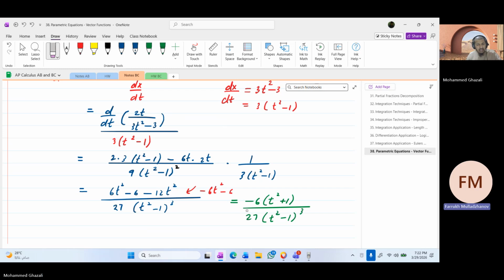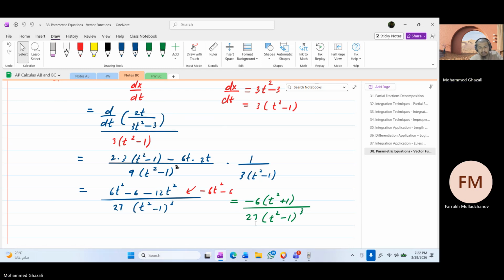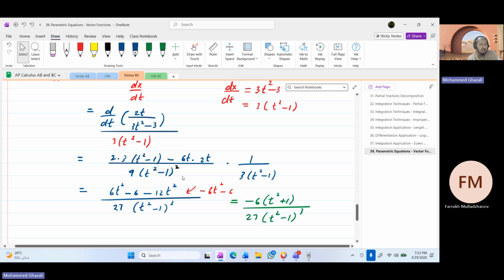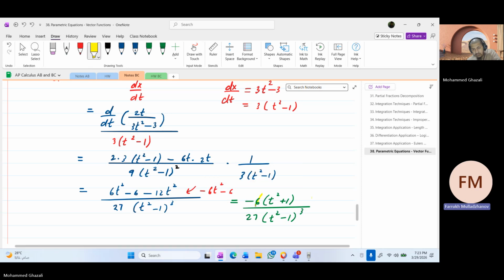Yeah, makes sense, sir. And then the minus 6 and the 27, you can simplify that. 3 and 9, it will be like negative 2/9.